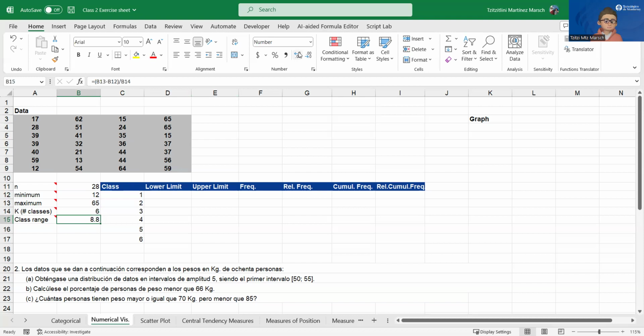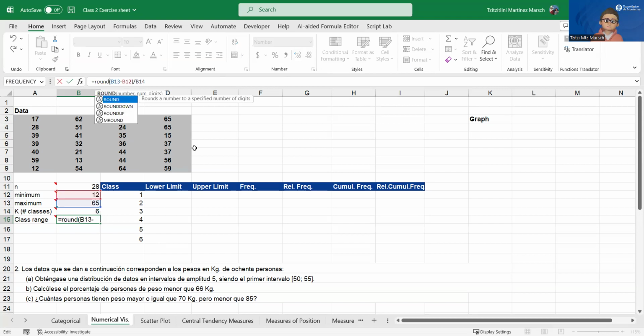There are moments where you might use decimals, and these might be with errors, or when your range is not so big, where instead of going 12 to 65, maybe you have 1.6 to 3.8. You might use decimals there because they're very small. But the ideal is for us to round it up, especially when we have so many numbers, okay? So I'll put round up again.